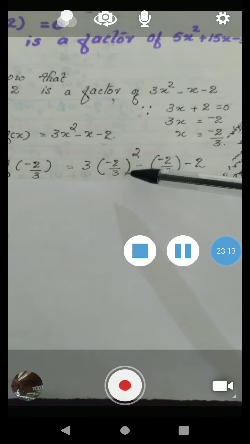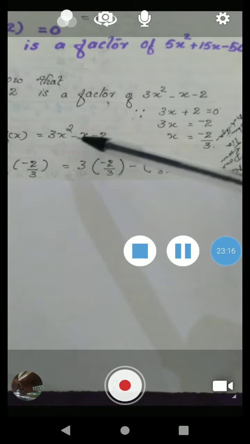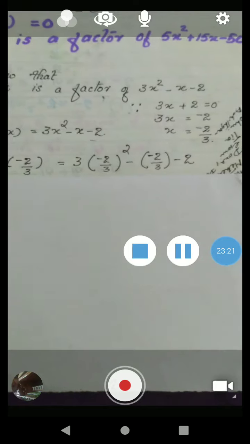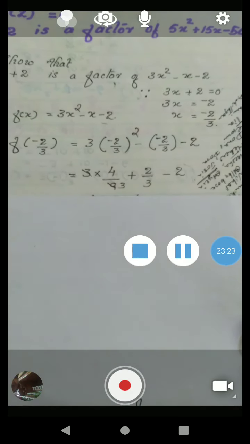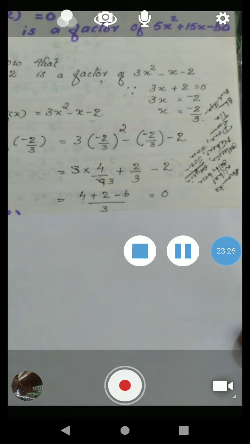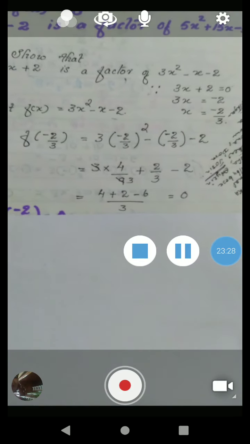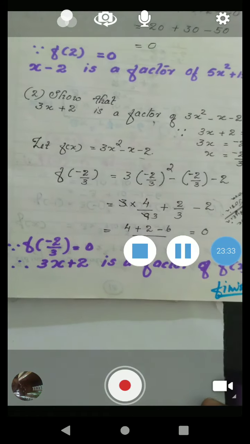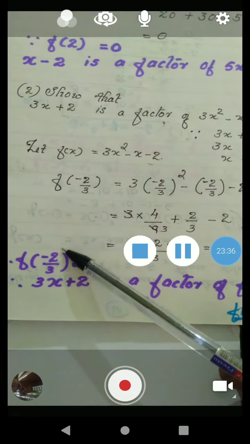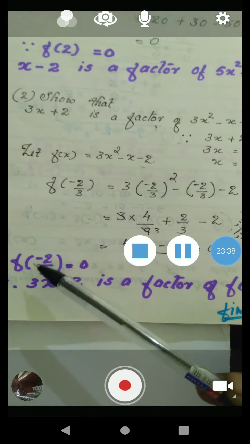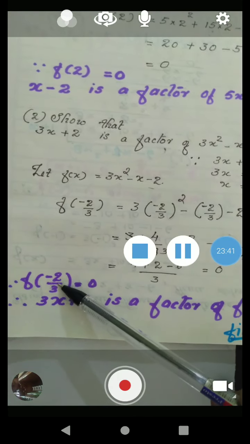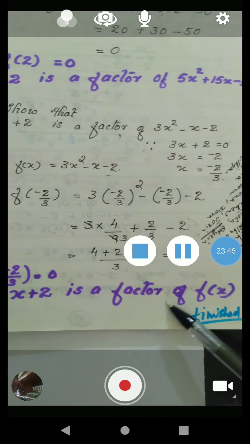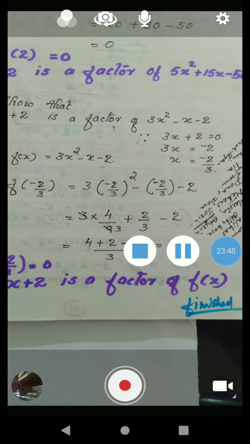We know the remainder is f(minus 2 by 3). Substitute minus 2 by 3 in the place of x and simplify. You can see this step and simplify this. When you simplify, you will get the answer 0. Therefore, we can write since f(minus 2 by 3) is equal to 0, that means since the remainder is 0, we can write 3x plus 2 is a factor of f(x).